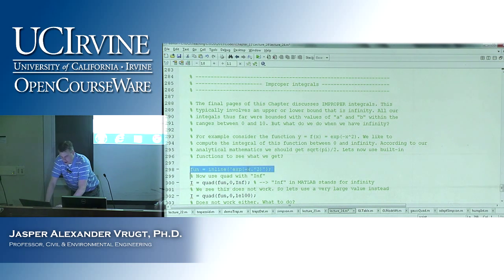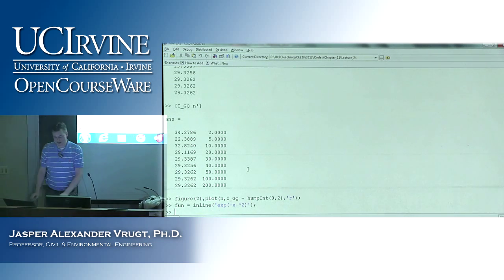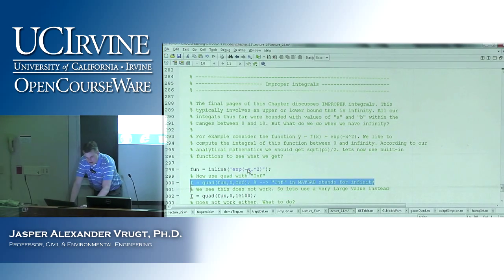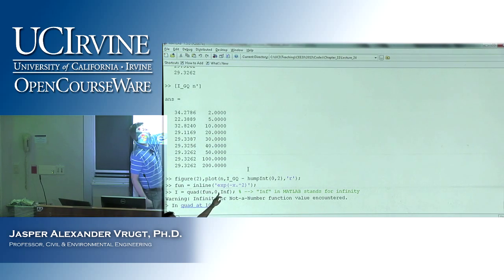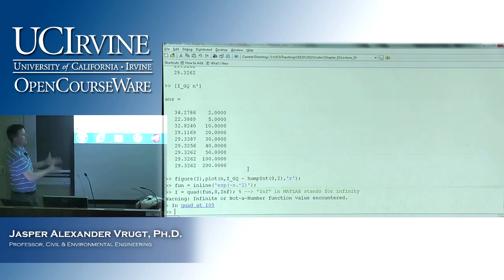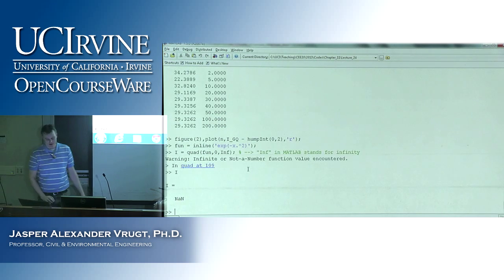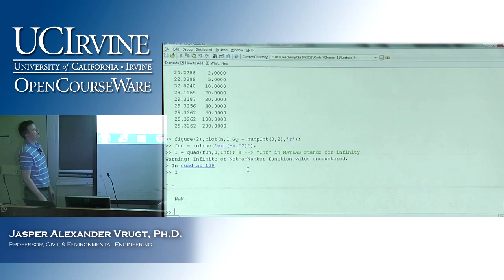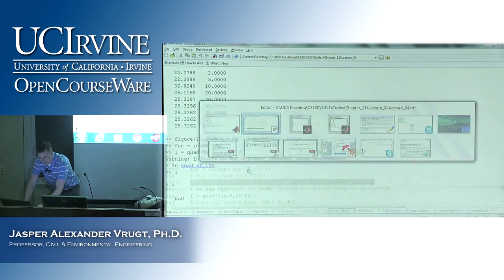Here's an example of a part of a normal distribution where I specify my inline function as exponent minus x squared. And now I just integrate between 0 and infinity. So a is 0, b is infinity. You see, the code is not doing it. It gives an error. It says that the integral is not a number. In other words, you cannot use infinity as b.